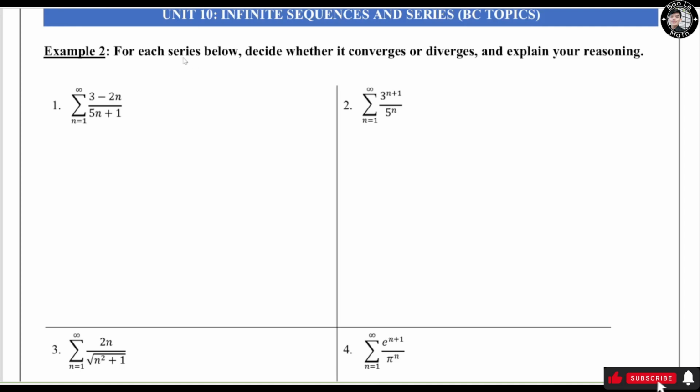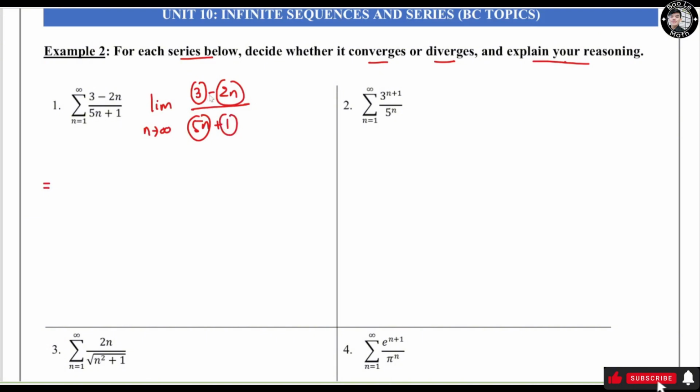For each series below, decide whether it converges or diverges and explain your reasoning. We have the limit of 3 minus 2n over 5n plus 1 when n approaches infinity. This term grows faster than the constant, right?